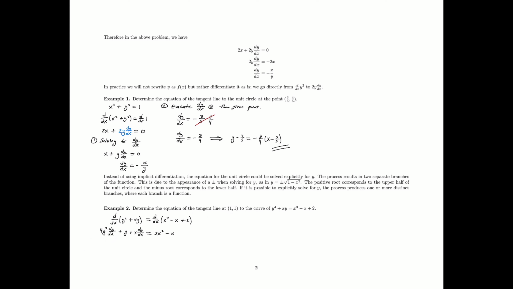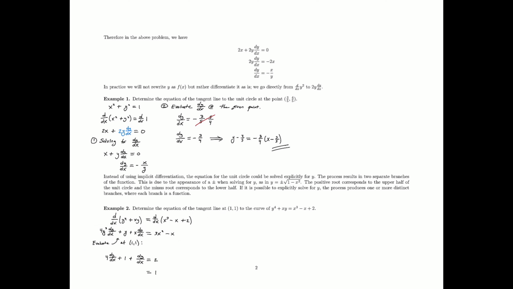If they want to know the derivative at a specific point, then once we get to this line, we can substitute in this point, and it will make solving for dy/dx far, far easier. Evaluating this expression at the given point (1, 1), this turns into 4 dy/dx plus 1 plus dy/dx equals 3 minus 1, which is 2.